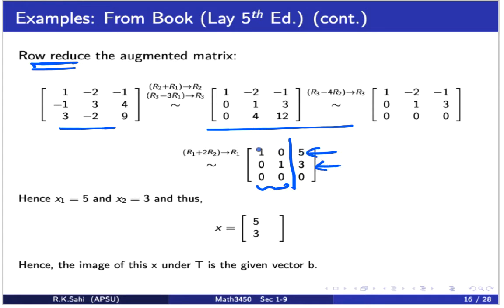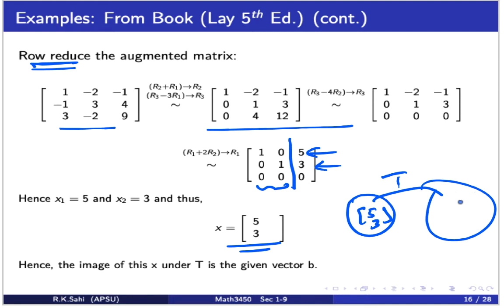The first row will give the x1, the second row element will give me the x2 value. So the image of this x under T, x equals 5, 3. So basically it means the vector 5, 3 when acted upon by T gives me the vector -1, 4, and 9. It takes this vector under the linear transformation to this vector.